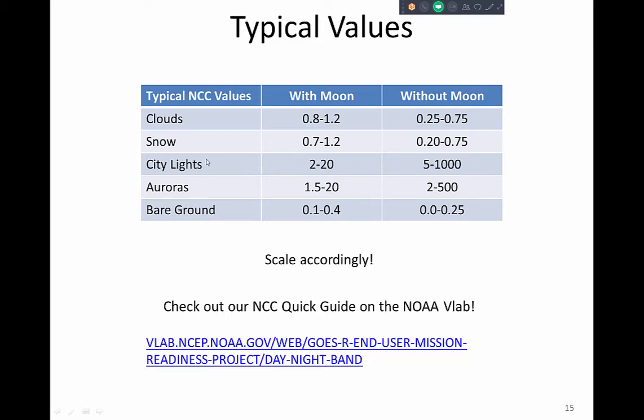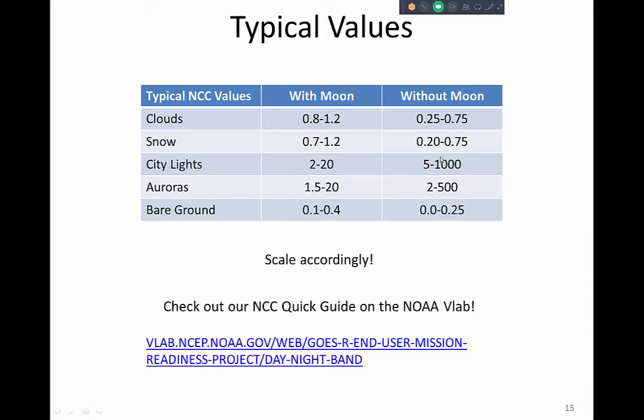And this is based on the fact that the NCC is normalizing based on the expected amount of moonlight. And so you take the radiance from the city and you divide it by the expected radiance from the moon. As the expected radiance from the moon decreases, you're getting a smaller and smaller denominator. And so that ratio gets larger and larger.